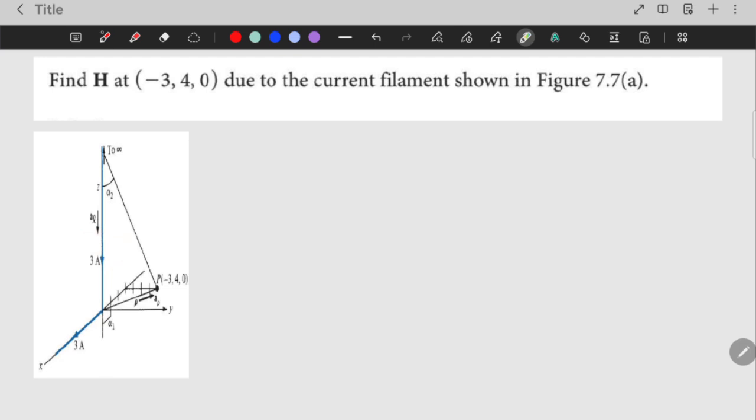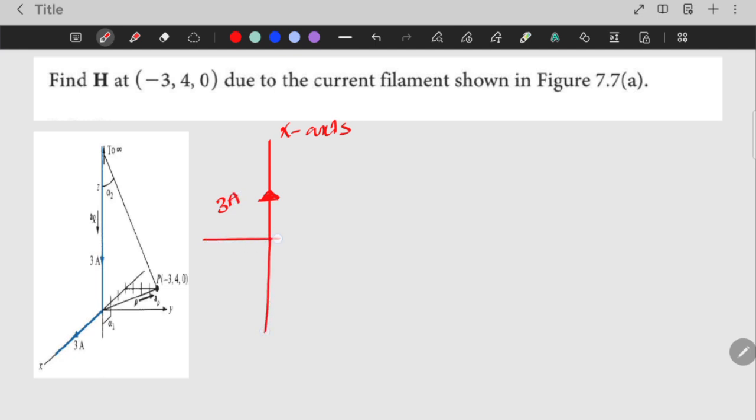So first I'm concentrating on the x-axis. On the x-axis we have a current element. That current is passing from 0 to infinity, and the current value is 3 amperes.